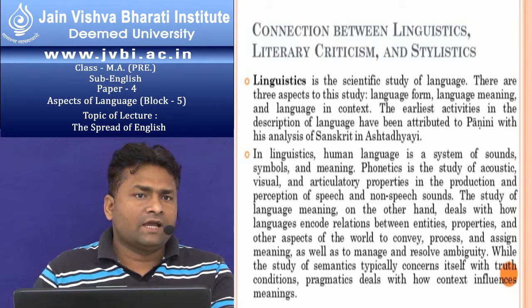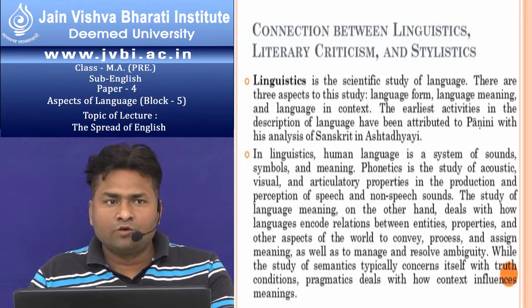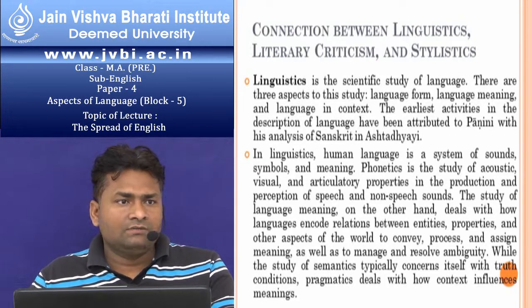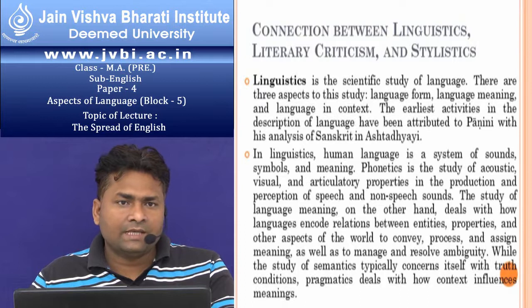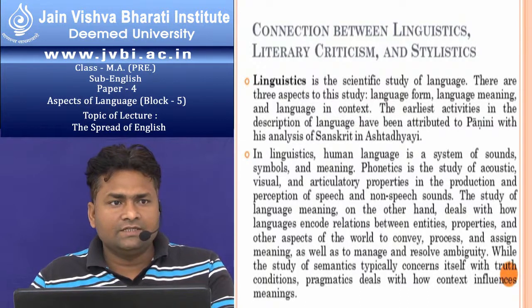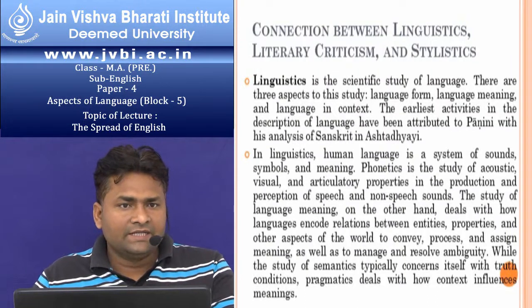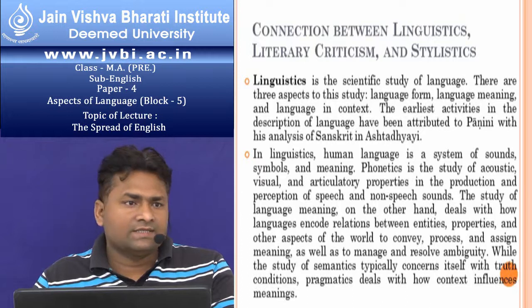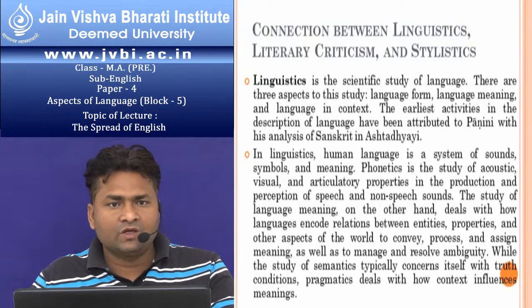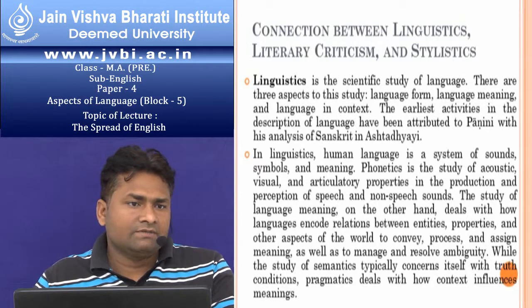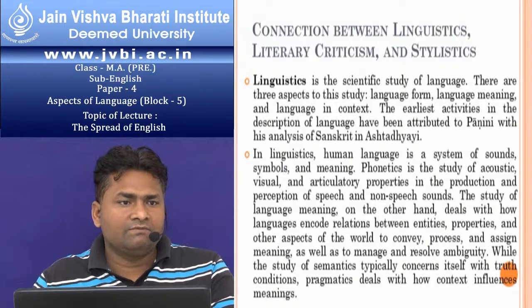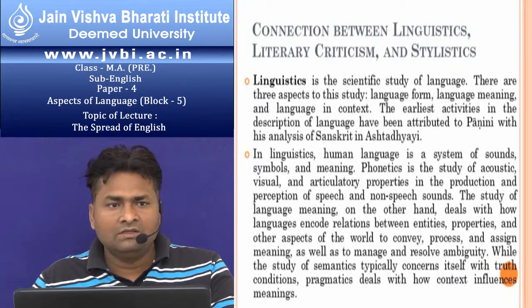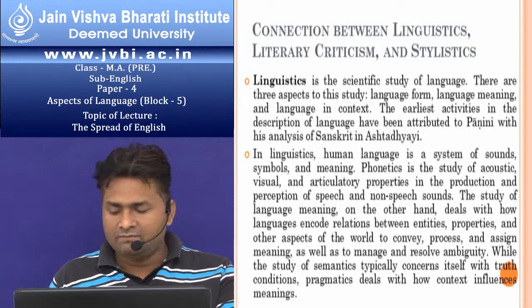Phonetics is the study of acoustic, visual, and articulatory properties in the production and perception of speech and non-speech sounds. The study of language meaning, on the other hand, deals with how languages encode relations between entities, properties, and other aspects of the world to convey, process, and assign meaning, as well as to manage and resolve ambiguity. While the study of semantics typically concerns itself with truth conditions, pragmatics deals with how context influences meaning.